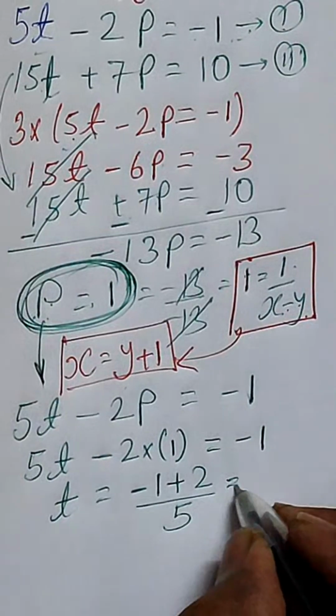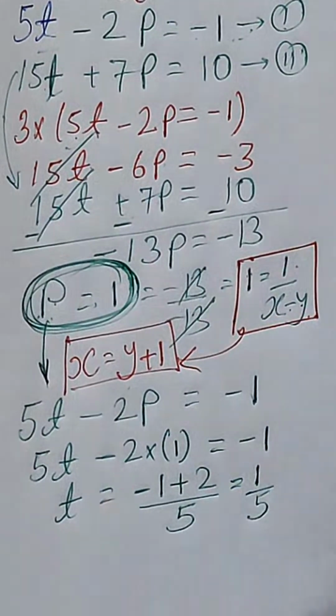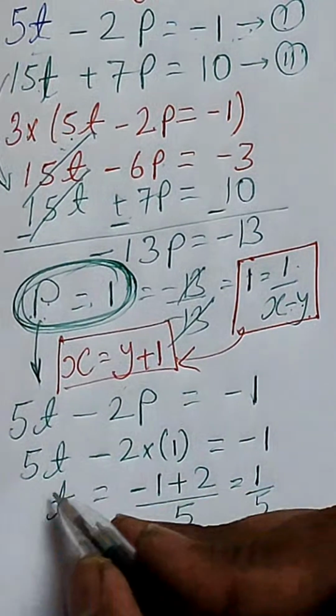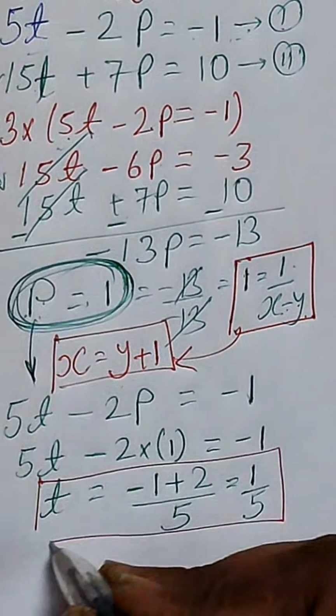So this will be coming as 1 by 5. So the value of t is calculated, that is equal to 1 by 5.